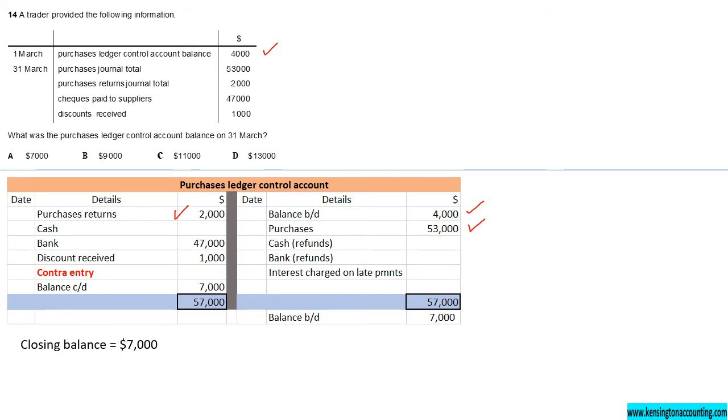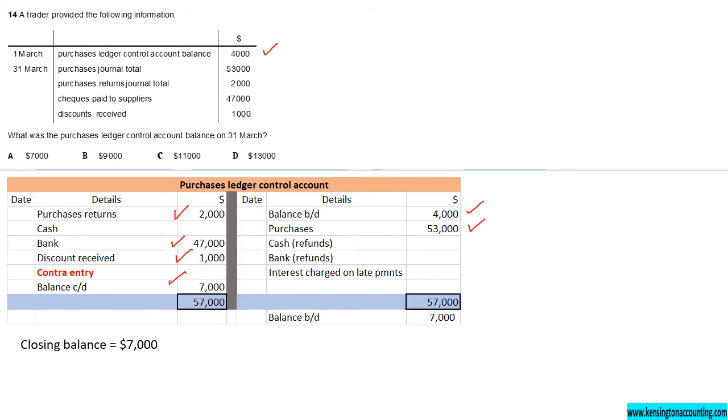So it's credit bank account and debit the purchase ledger control account. Finally, discounts received. The double entry is credit discount received account and debit the purchase ledger control account. Okay. The closing balance, if we just add together, that's 7,000.